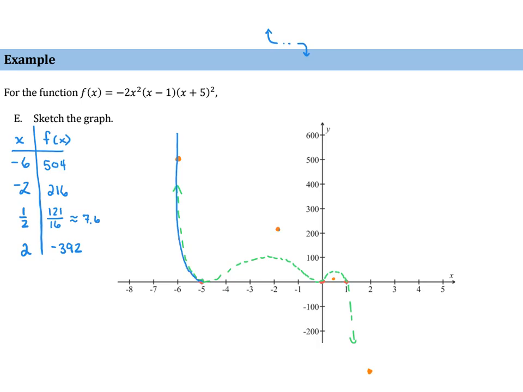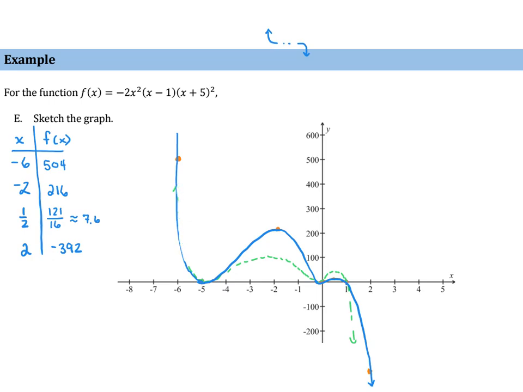Remember that polynomial functions are continuous and they're smooth, so no sharp turns. This is going to be just barely above our axis. That's probably even exaggerated. And so there we have it.